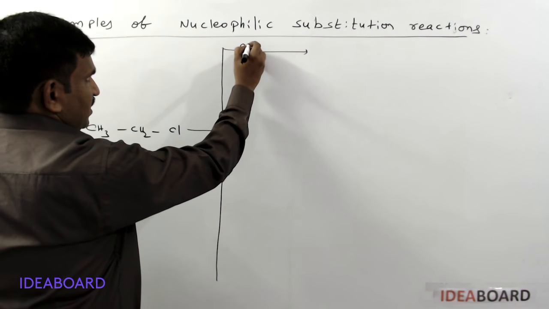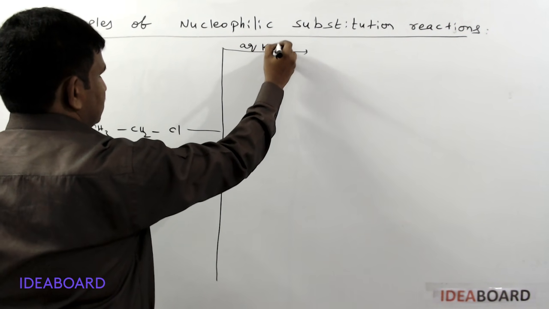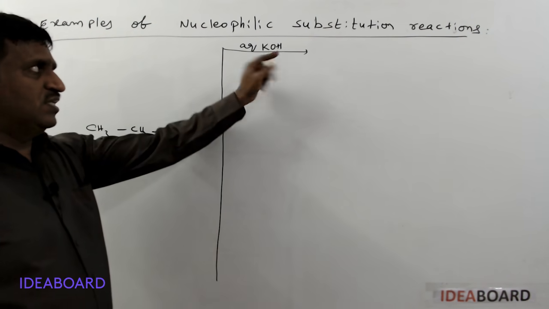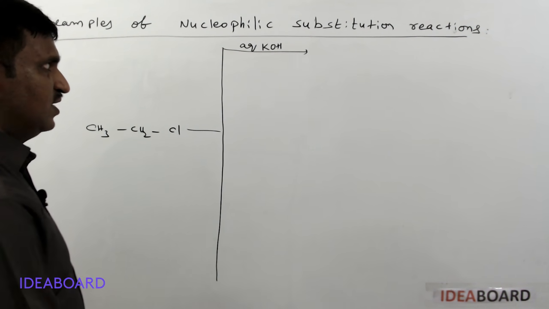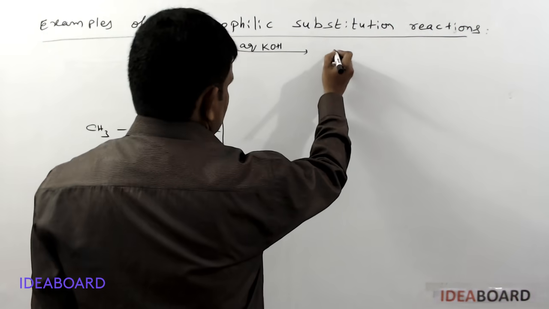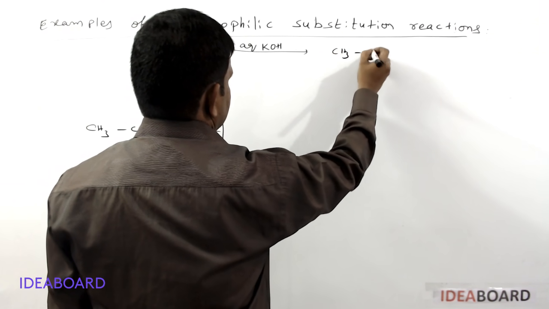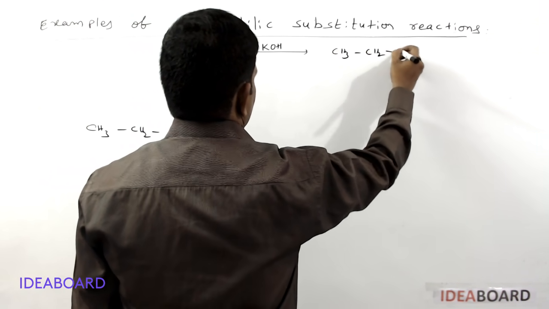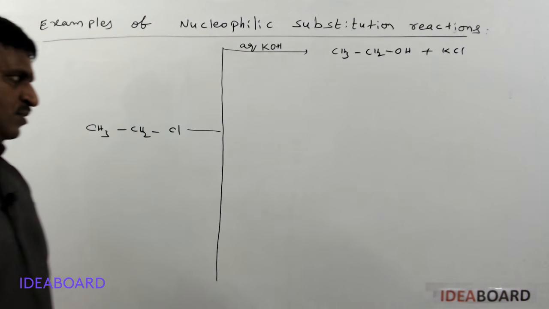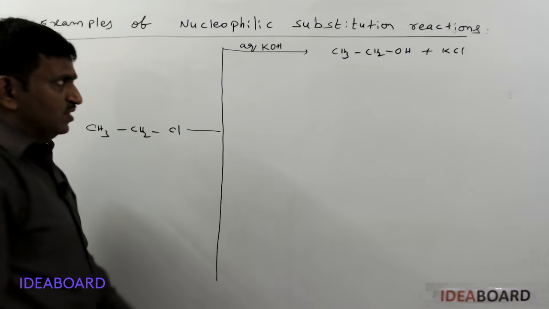Suppose ethyl chloride is reacting with aqueous KOH. What is the product? Aqueous KOH contains OH minus as a nucleophile. Here Cl and OH are substituted, so the product formed is CH3CH2OH plus KCl. That is a nucleophilic substitution.